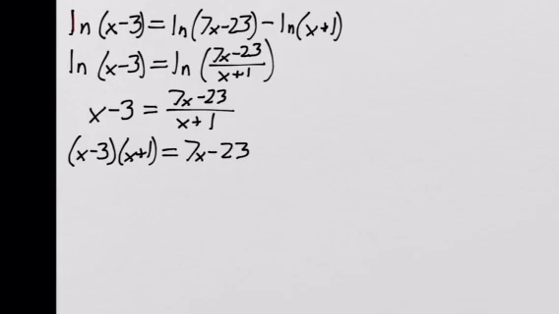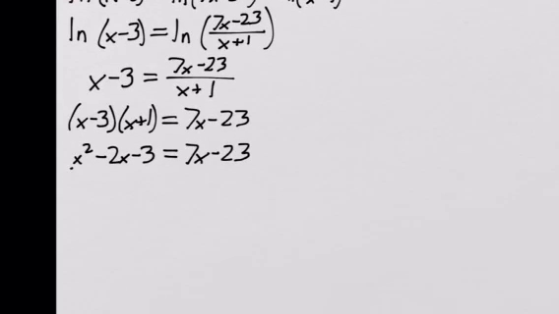And multiplying out that left-hand side, I get x squared minus 2x minus 3. I don't know why I put that parenthesis there. Equals 7x minus 23. Now I'll subtract 7x from both sides.